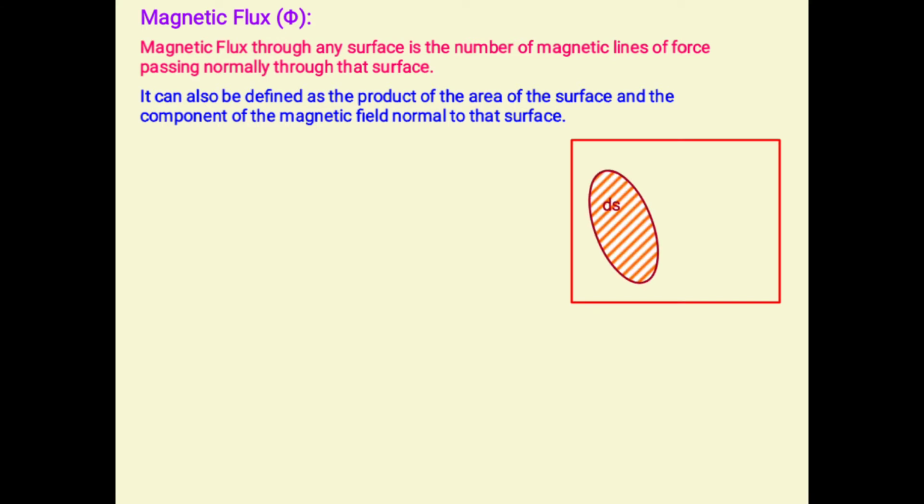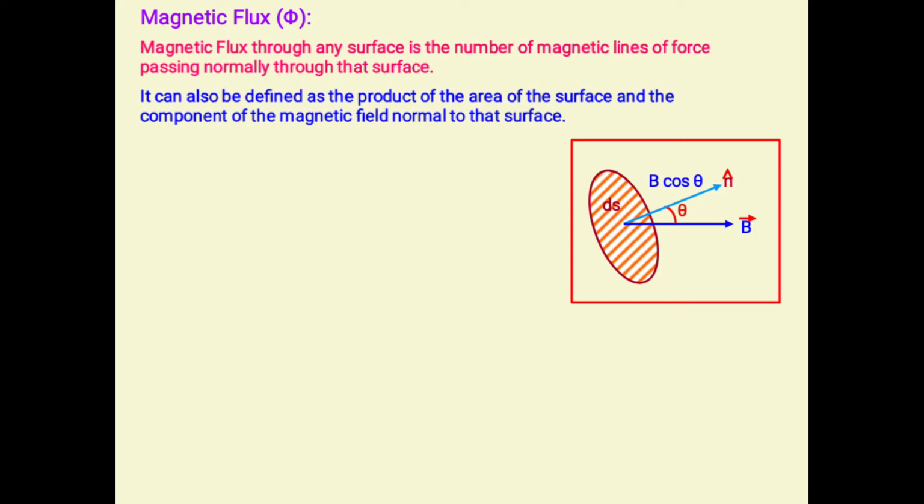Let ds be a small surface, then the area vector of ds is n cap. Let the magnetic field be along the horizontal direction, B vector, and the angle between n cap and B is theta. Therefore the component of B towards n cap will be B cos theta.